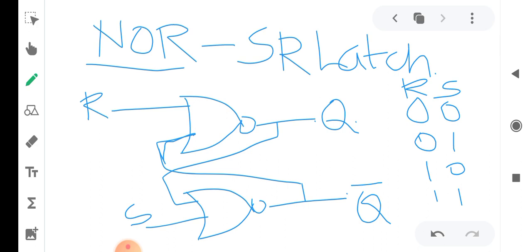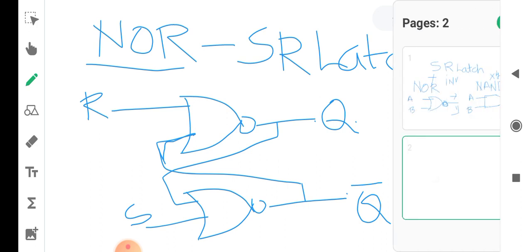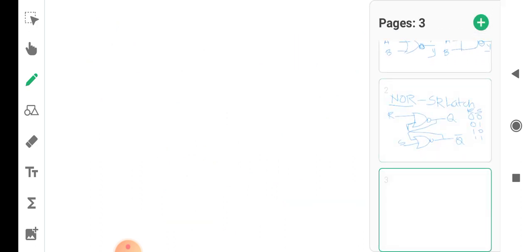We need to see what the output will be, and we also need to ensure that the latch performs its basic function, that is, it is storing the data.